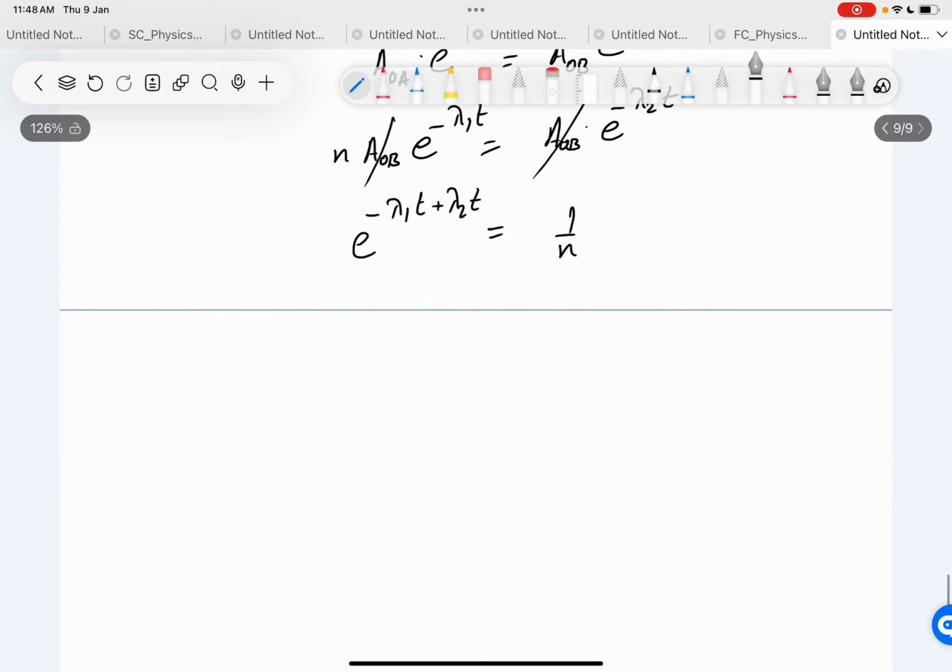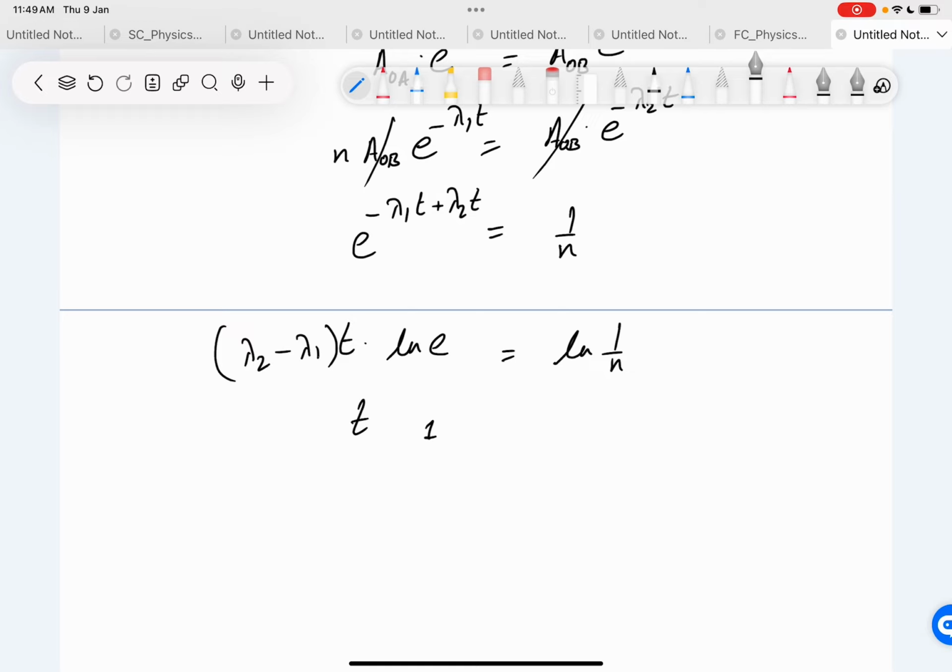Let us take the natural log over here on both the sides. You get natural log of 1 by n, and over here you'll be getting lambda 2 minus lambda 1 multiplied by t, natural log of e, which is 1 itself, and our job is done.